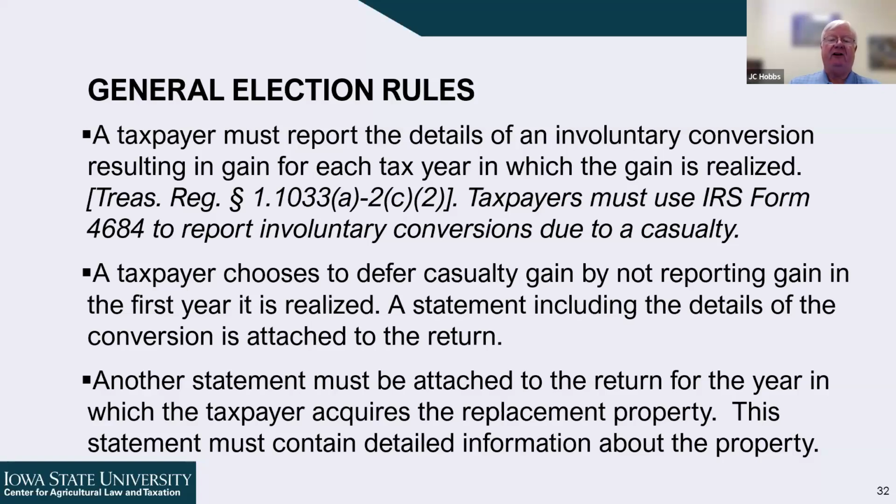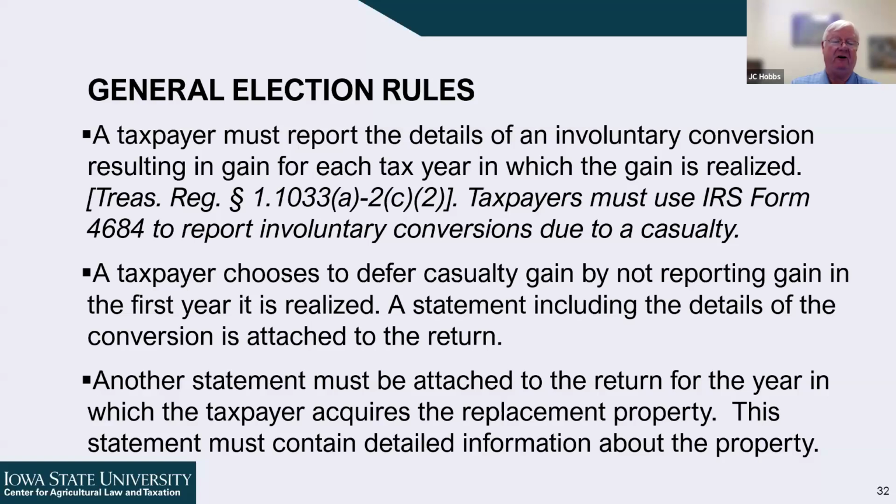We include that information in the return that we are making the election to not report it since it's an involuntary conversion due to a casualty. Then we put that statement with the return. Again, it contains all these details.